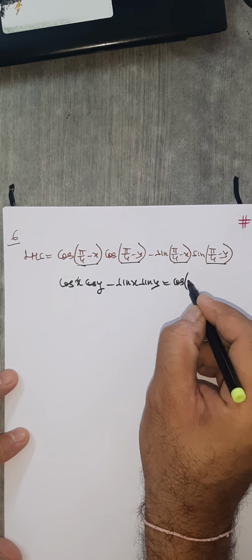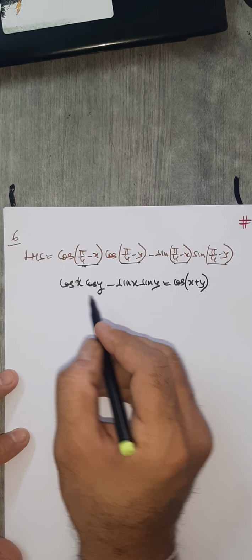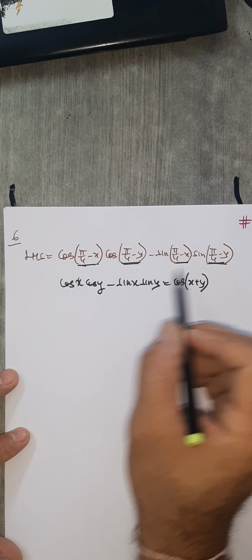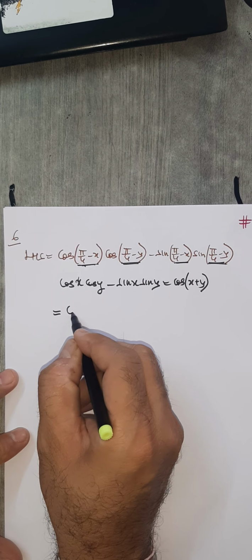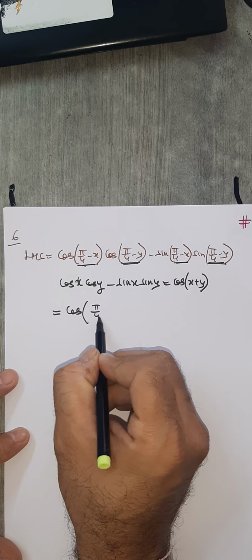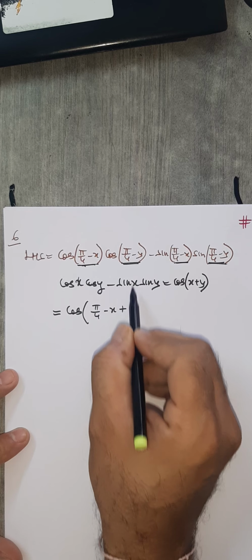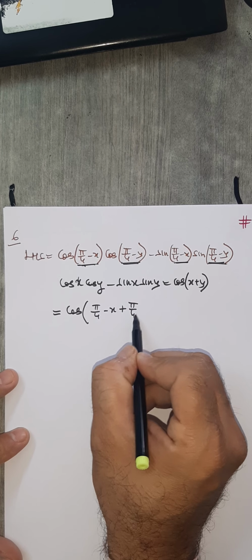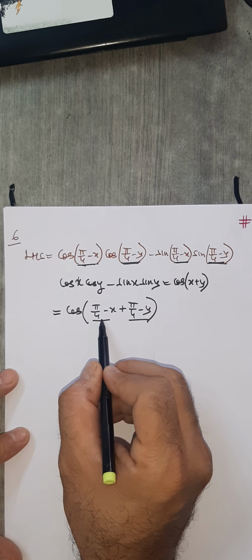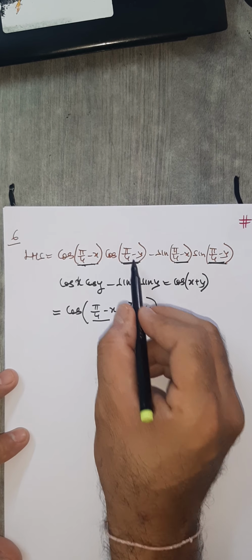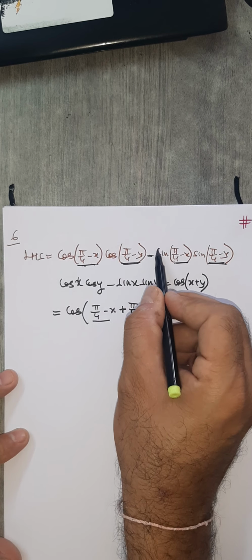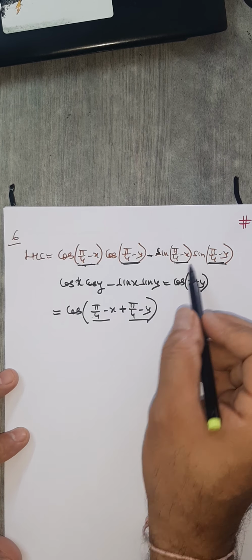That is cosine x plus y. This looks like x, this looks like y. So how do I rewrite? Cosine x plus y. So pi by 4 minus x plus, this is your y, pi by 4 minus y. This is x, this is y. Cos x into cos y. In the middle you have plus, so here it is minus sin x into sin y.